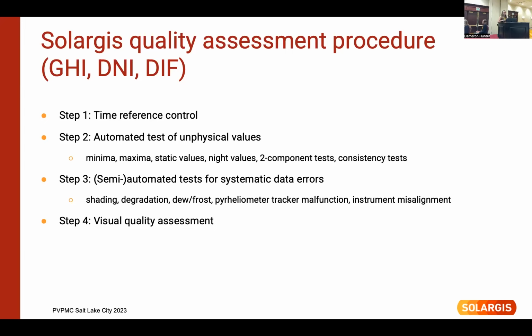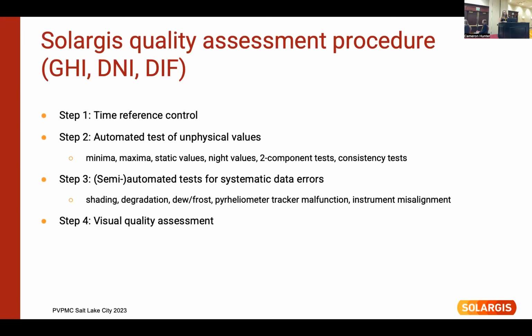Then once the biggest rubbish is out, we can look for specific features in an automated or semi-automated way. This can be, for example, shading, degradation, dew, frost, tracker malfunction, pyrheliometer issues, or even instrument misalignment.